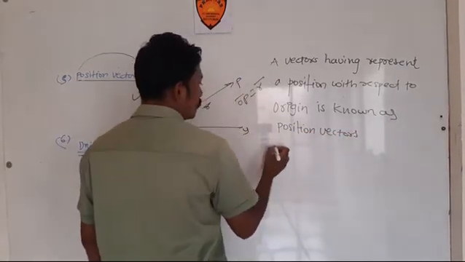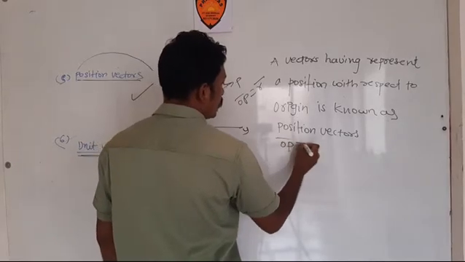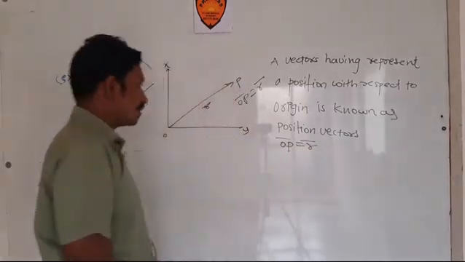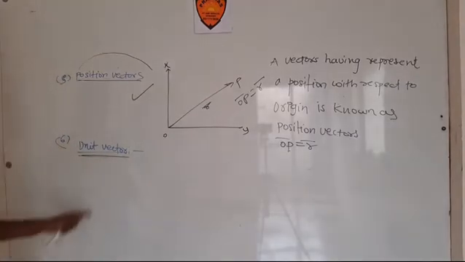That is, position vector OP bar is equal to R bar. This is known as position vectors.